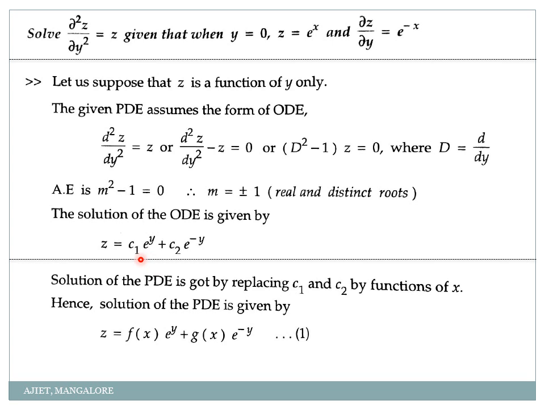Before that, what is the constant here? x is the constant, so I should write c1 and c2 as f(x) and g(x). So z = f(x) e^y + g(x) e^(−y). Call that equation 1. Now apply the conditions to equation 1, and differentiate z with respect to y so that you get ∂z/∂y. You can apply the second condition.